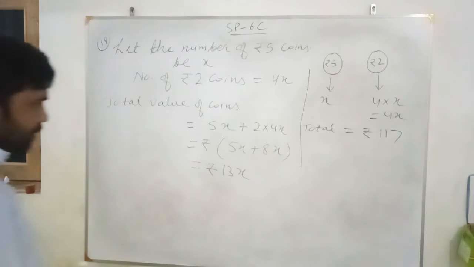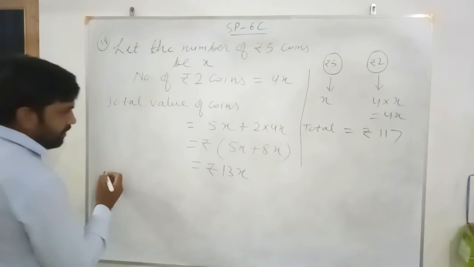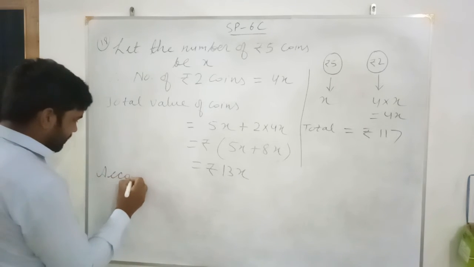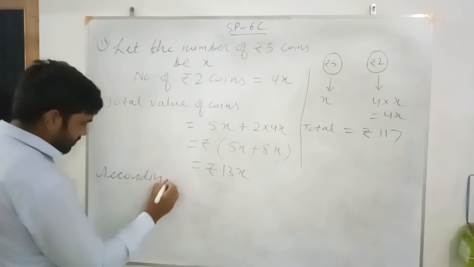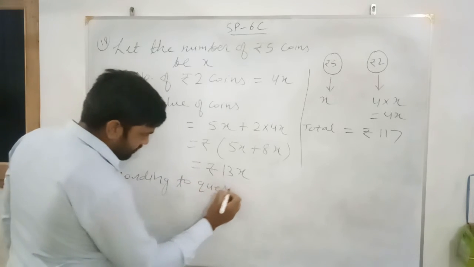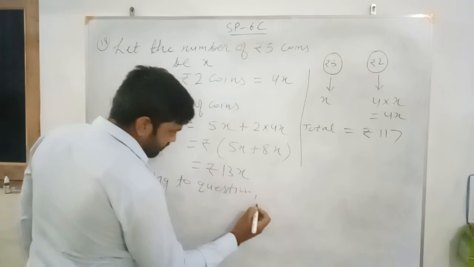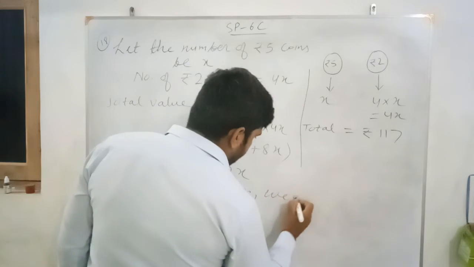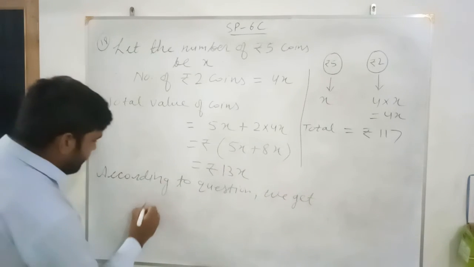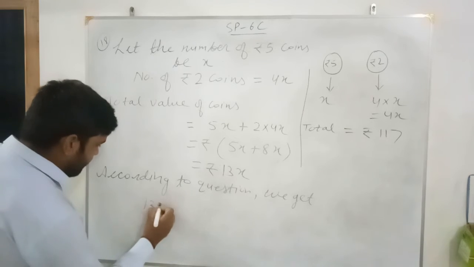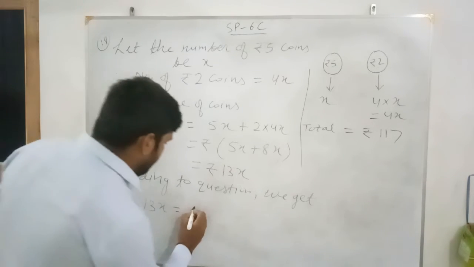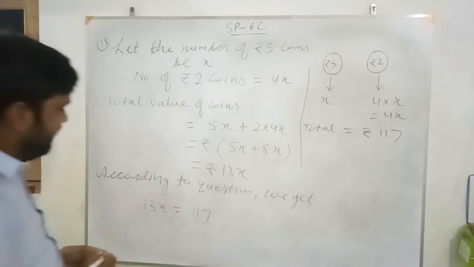So according to the question, this 13x is equal to 117.